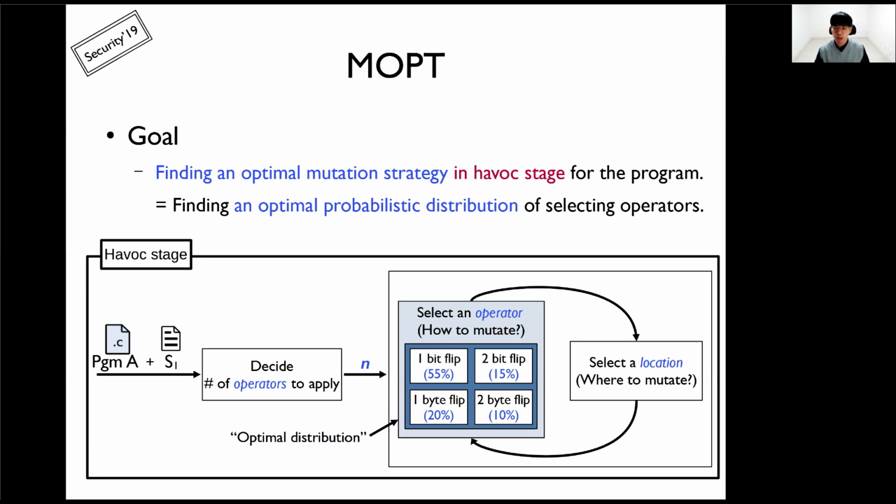For example, when testing program A, MOPT will assign a 55% sampling probability to 1-bit flip and a 10% probability to 2-byte flip, and so on. And this strategy will assign different sampling probabilities to mutation operators when testing another program B.